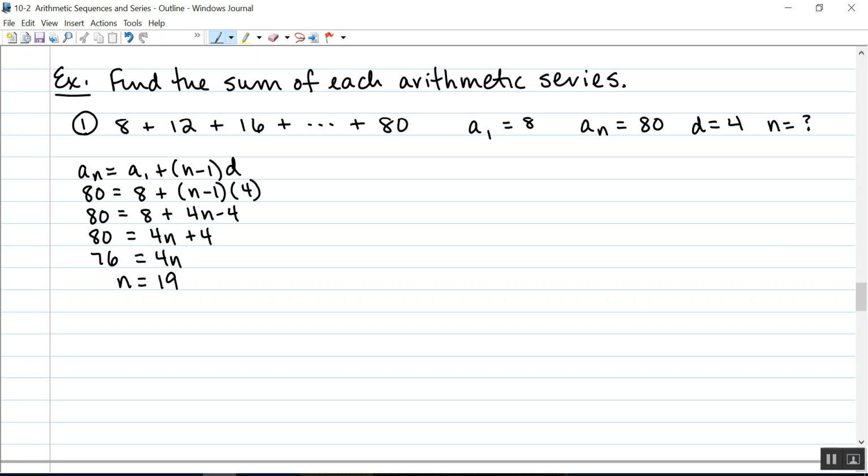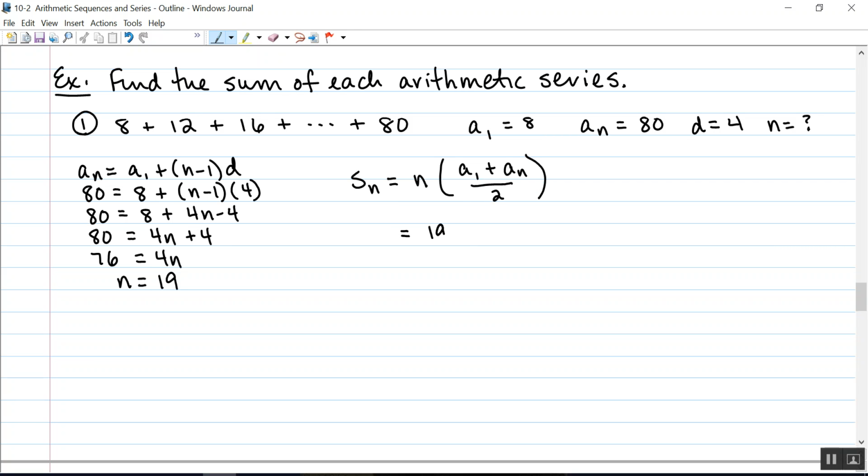Now I can use my sum formula. And I think I'm going to use that first one. S sub n equals n times a sub 1 plus a sub n over 2. And now I have all of those values and I can just plug them in.